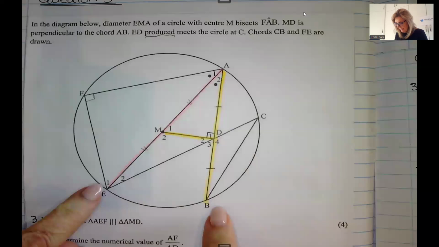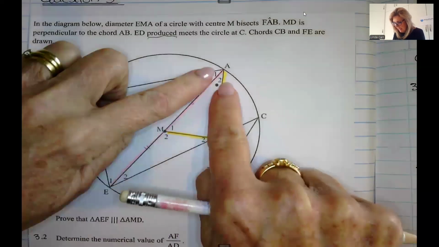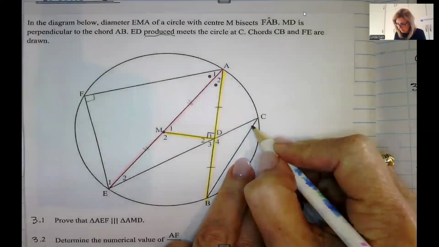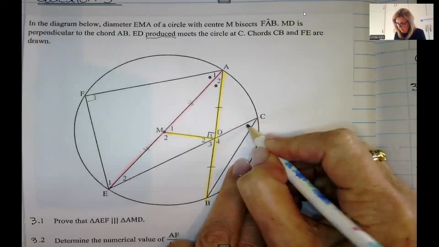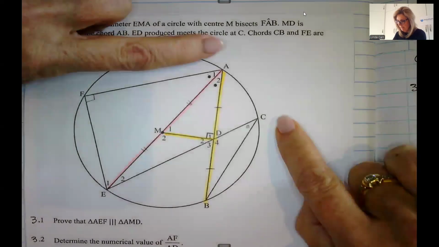And so I could have arc EB subtends A and subtends C. So that's angles in same segment. And then I can do it the other way around.